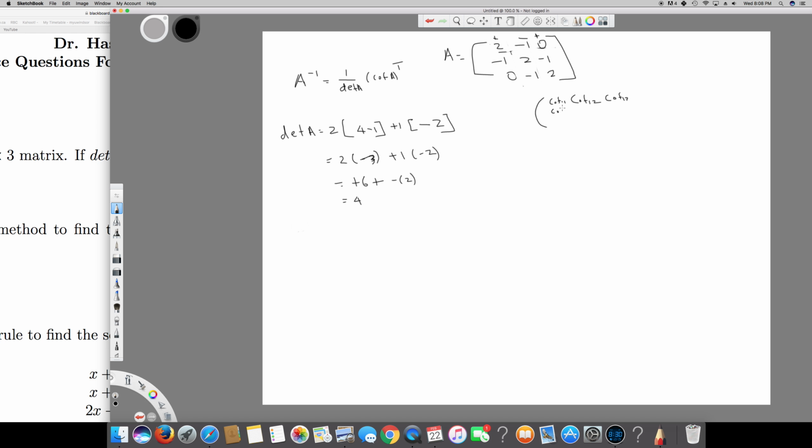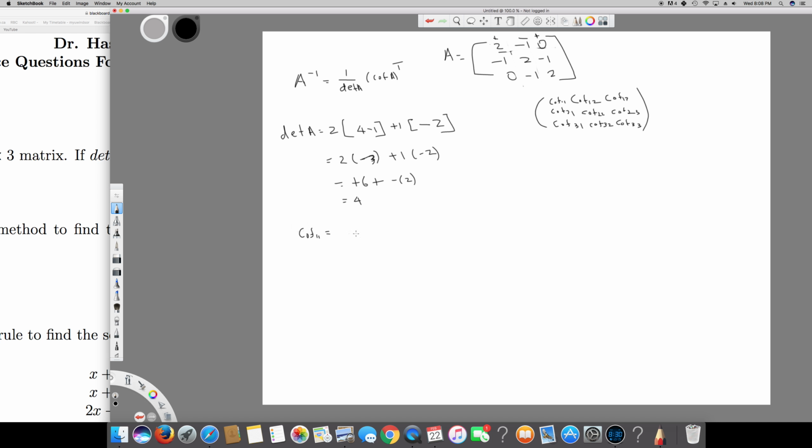This is cofactor 2 1, cofactor 2 2, cofactor 2 3, right? And this is cofactor 3 1, cofactor 3 2, cofactor 3 3. So these are the cofactors right here. I have to find them one by one. So first, let's begin with cofactor 1 1.